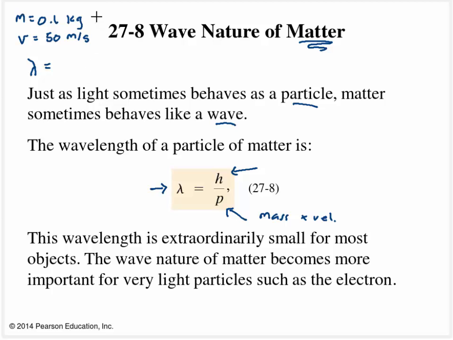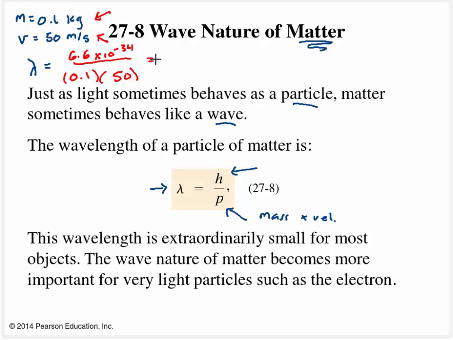Let's consider a baseball for a second. We say this baseball has a mass of 100 grams and it's thrown at 50 meters per second. So we could say that the wavelength is going to be Planck's constant, 6.6 times 10 to the negative 34th, divided by the momentum, the mass, 0.1, multiplied by the velocity, 50 meters per second.